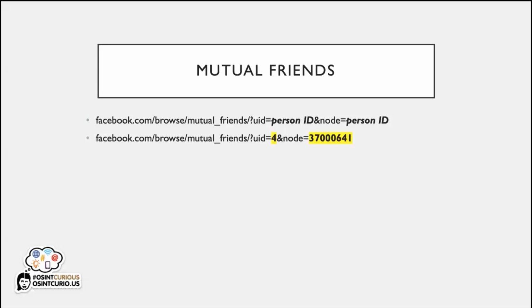So you can only do this if one of the people you are looking into has an open friend list. You cannot compare two people who have a closed friend list. One of them has to be an open friend list. So we're now looking at Mark Zuckerberg, whose user ID is number 4, and one of the people who I found he had mutual friends with.